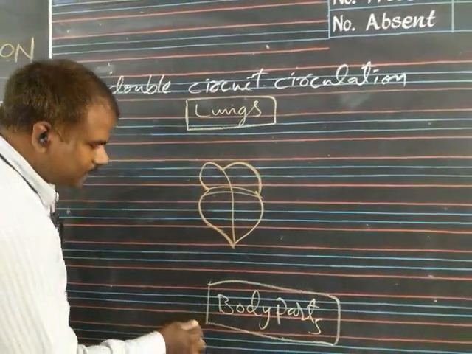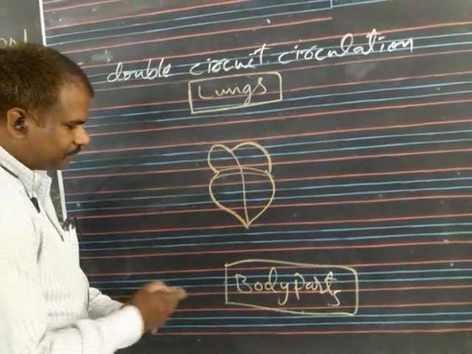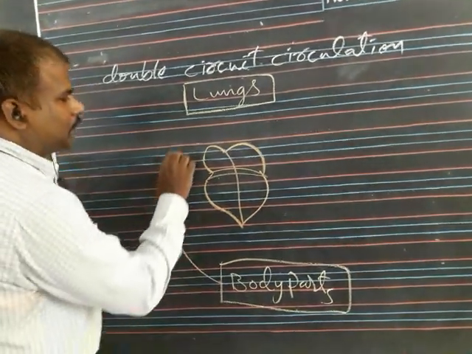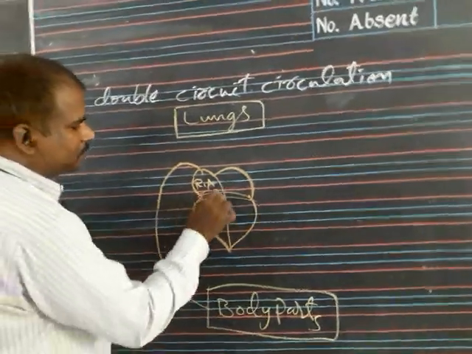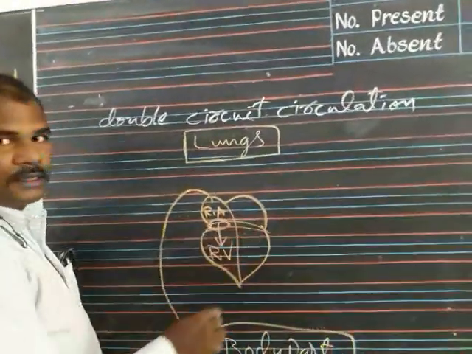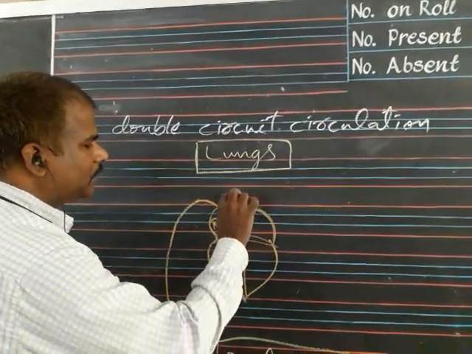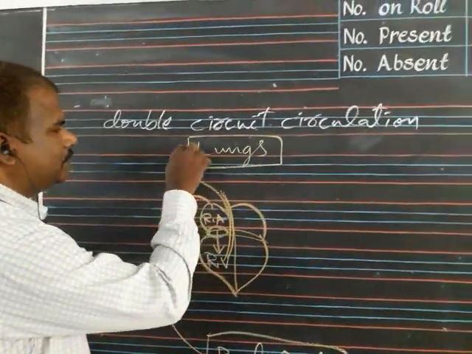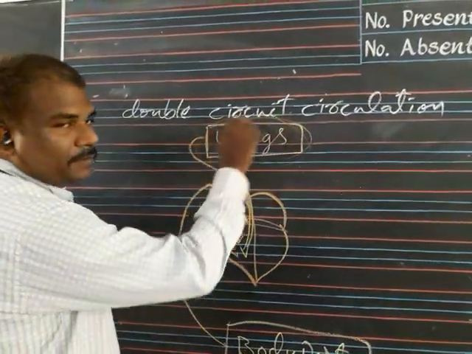Blood comes from the body parts to the right auricle, which opens through this aperture into the right ventricle. From the right ventricle, through the pulmonary artery, blood goes to the lungs, where purification takes place.